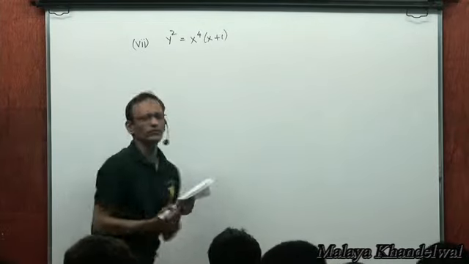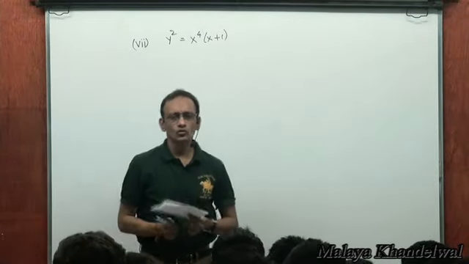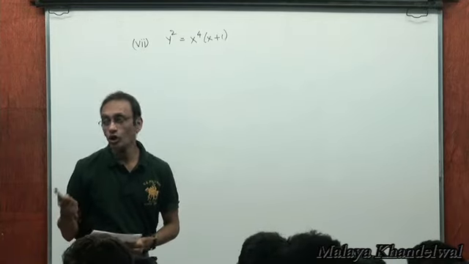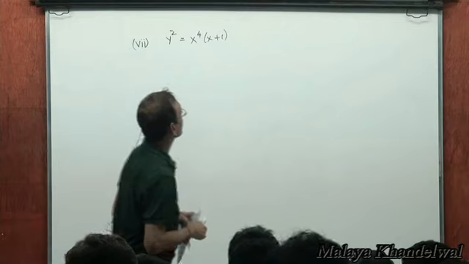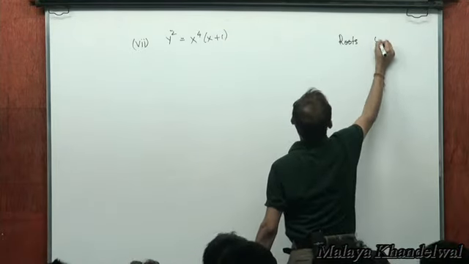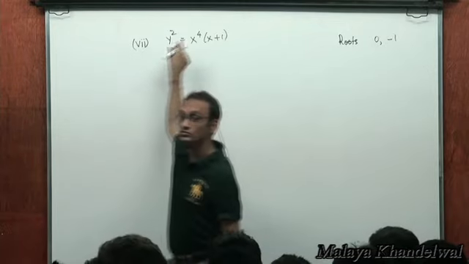Okay, very quickly, what are the things that you can say? 0 and minus 1 are the roots. And 0 is a repeated root.